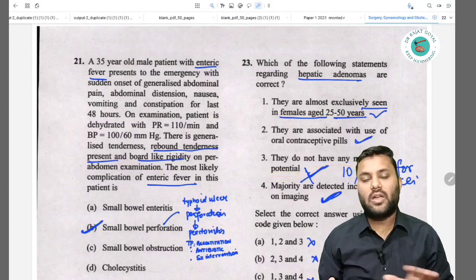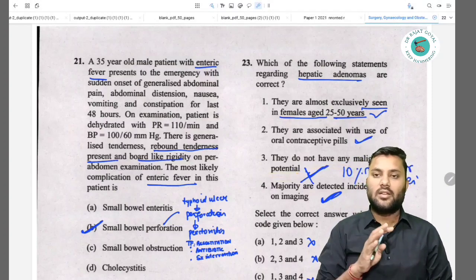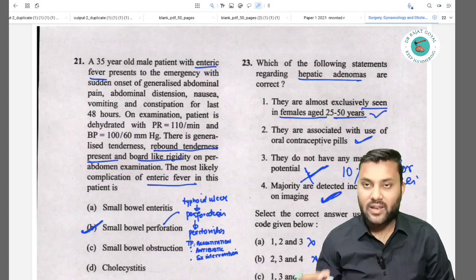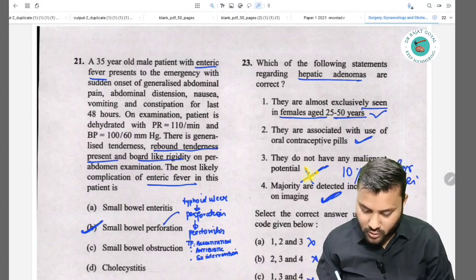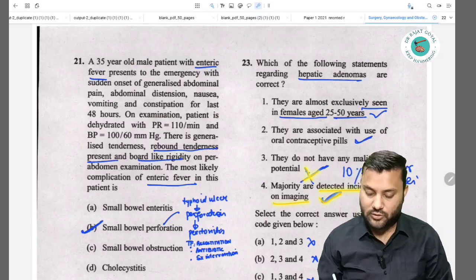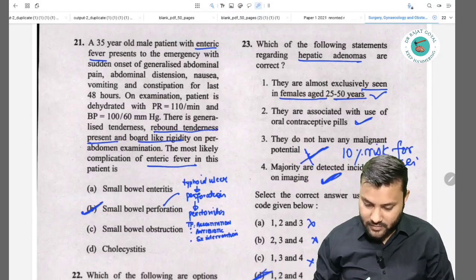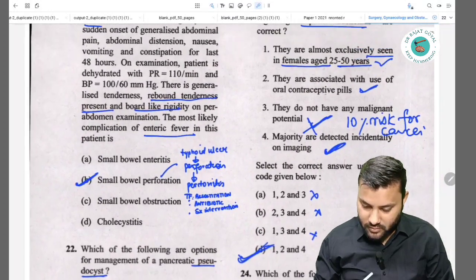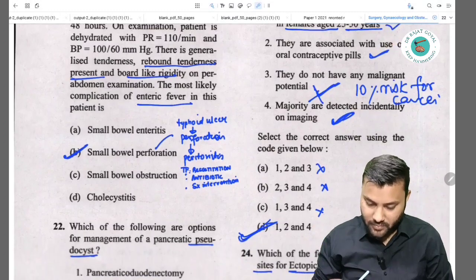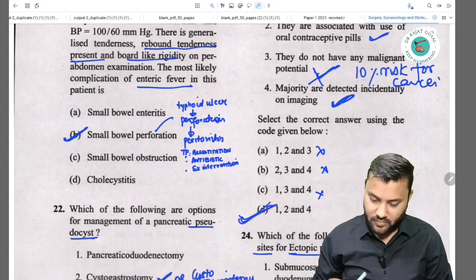No, this is not true because hepatic adenomas have a 10% risk of converting into malignancy. So this is the wrong option. Majority are detected incidentally on imaging. This is also true. Because option C is incorrect, the answer will be 1, 2 and 4. Option D is correct.